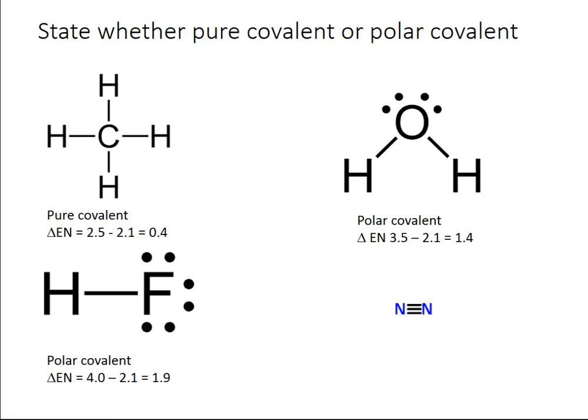So here we need to decide: do we have a polar covalent or an ionic bond? The answer is both of these are nonmetals. So since they are nonmetals, we do not have an ionic bond. What we have is a polar covalent bond, although it is above the 1.6 limit for a normal polar covalent bond.